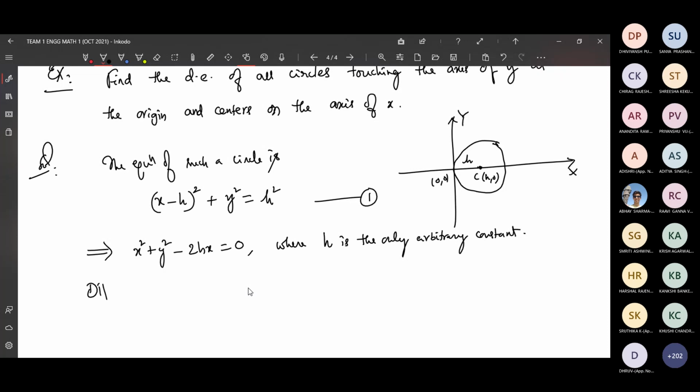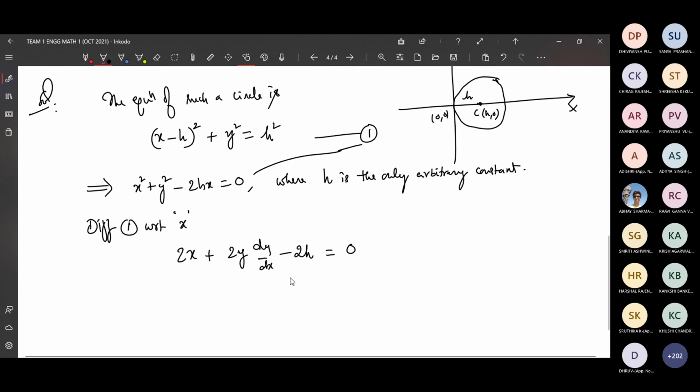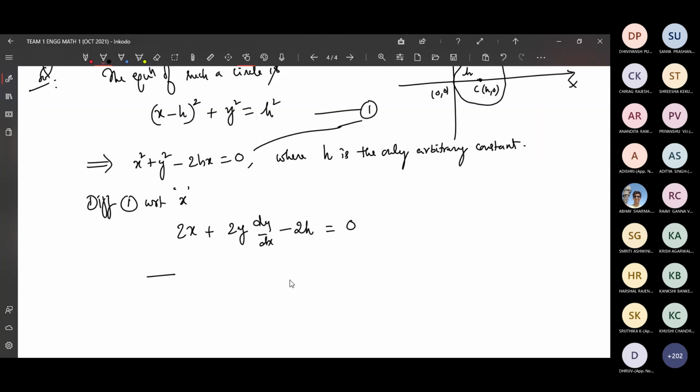Now differentiating 1 with respect to x. It is the same equation, you can call this as 1, no issue. So 2x plus 2y times dy by dx minus 2h equal to 0. This means 2 gets cancelled everywhere.